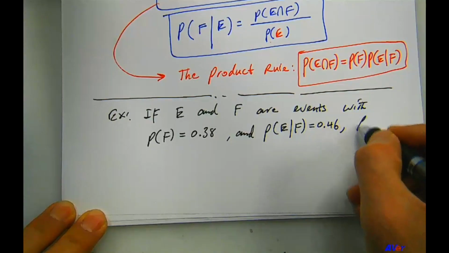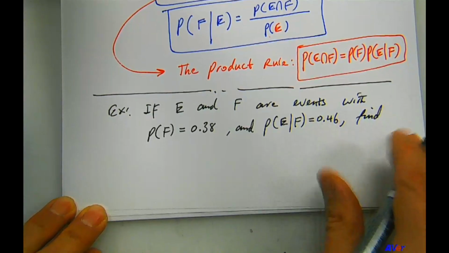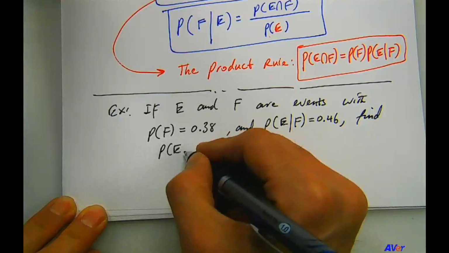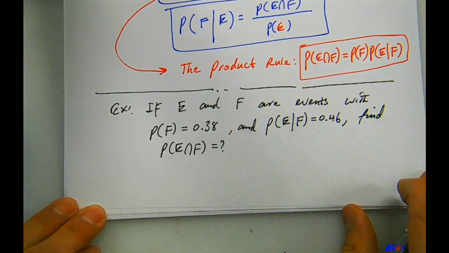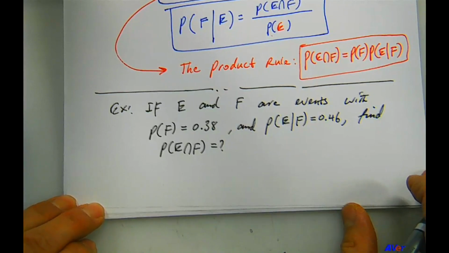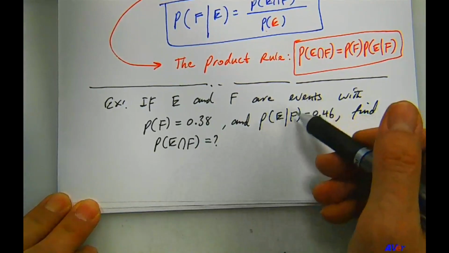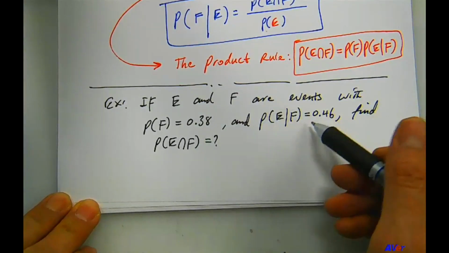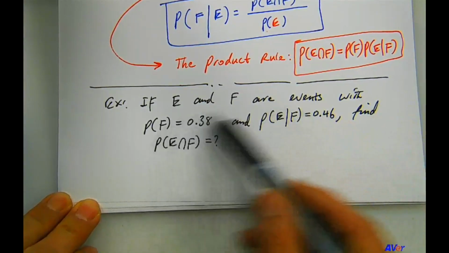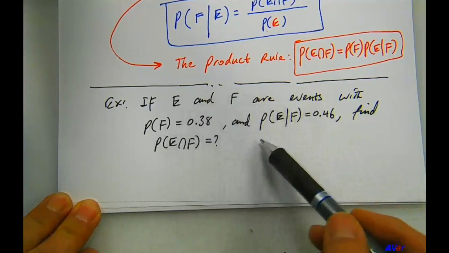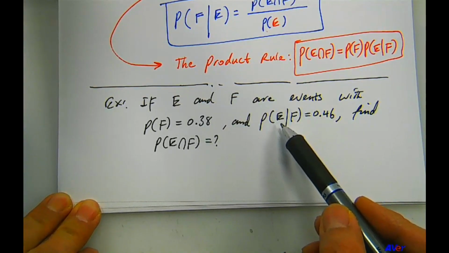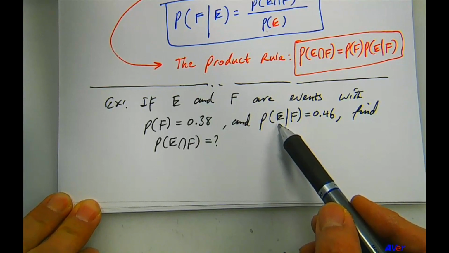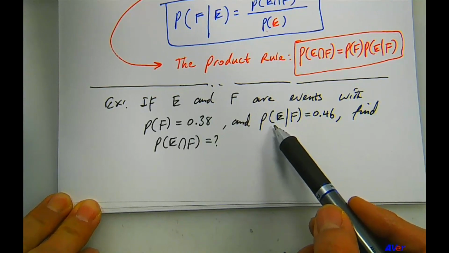If that's the case, find probability of E intersection F. Okay? So these notations speak to us in this symbolic form, right? So when you look at this description of this problem, as soon as you see this notation, that is referring you to use the conditional probability formula.